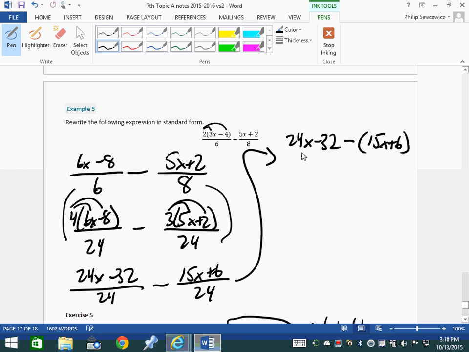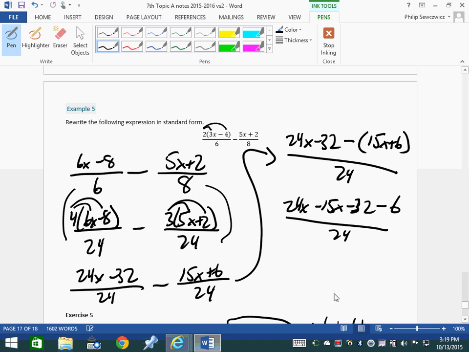So the big thing is when it's all of that, we have to make sure that subtraction sign goes to everyone. So it's really a 24x minus a 15x, and then a negative 32 or minus 32, and then minus 6. And again, all of it's over 24.